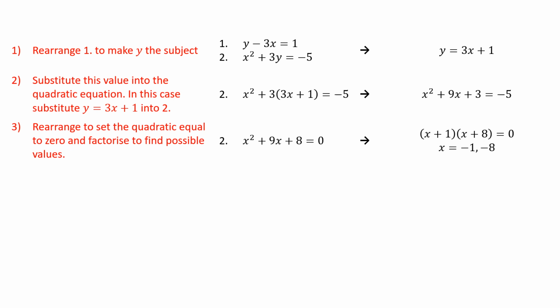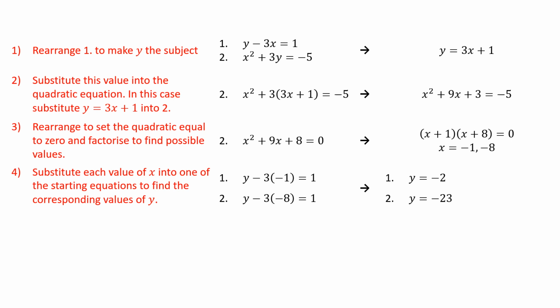And now for each of these solutions, we need to find the corresponding solution of y. So going back to our linear equation, which is equation 1, we're going to plug the values of x in independently. So first we start with x equals -1, and when x equals -1, y equals -2, and when x equals -8, y equals -23.